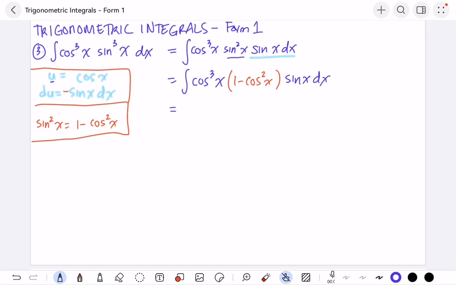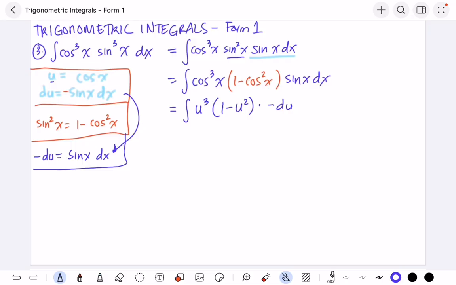Now, finally, doing the substitution, I have the integral of u cubed times 1 minus u square. Sine x dx here is negative du. Sorry, from there, I have to solve for sine x dx. This should be negative du.